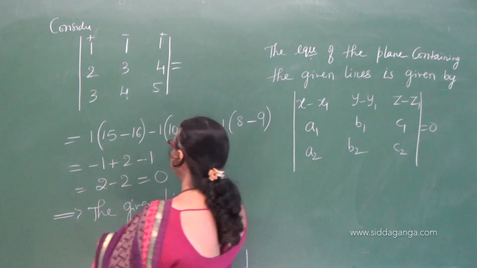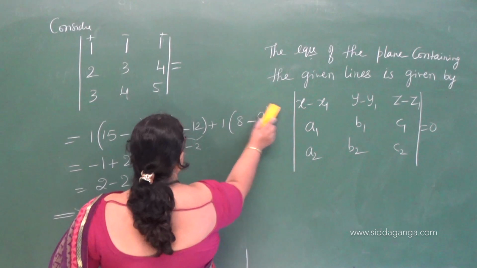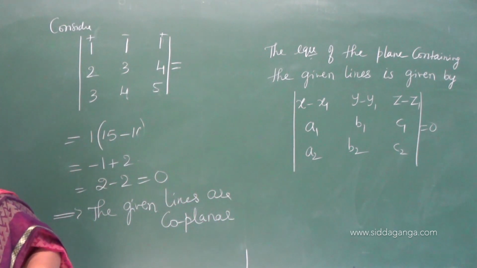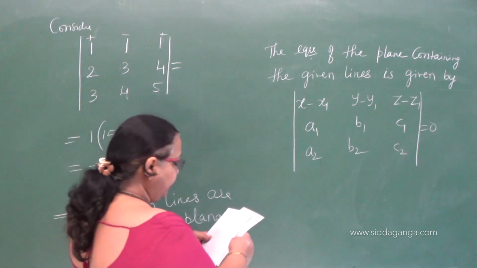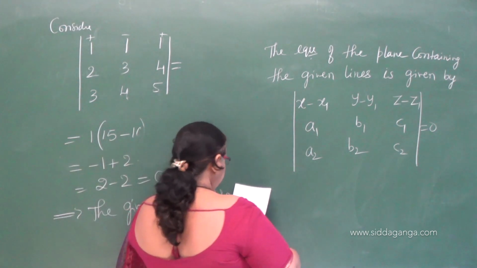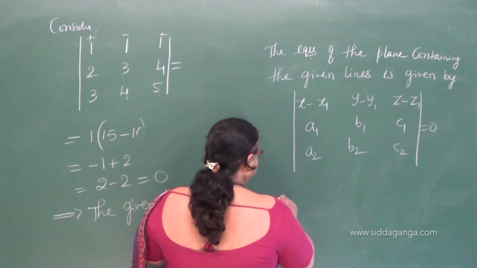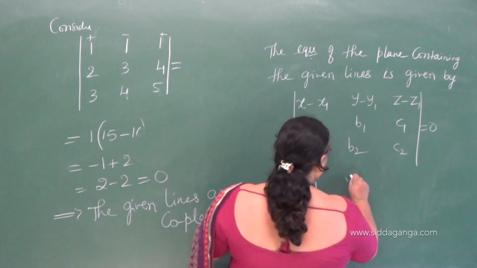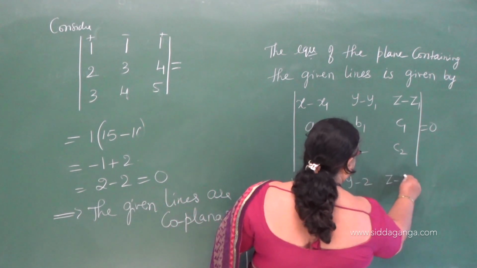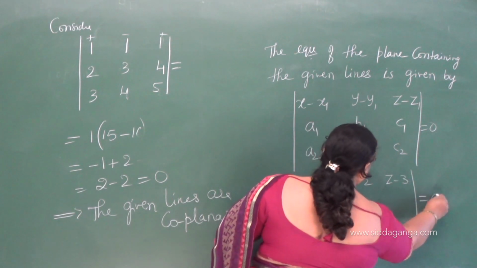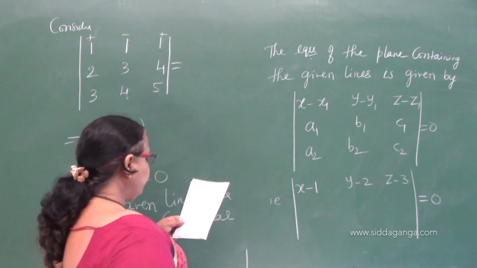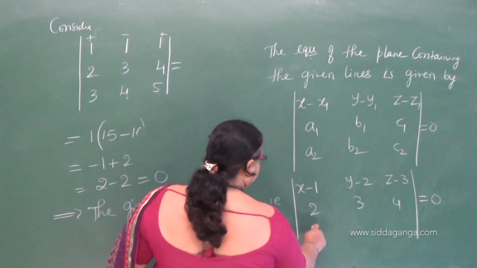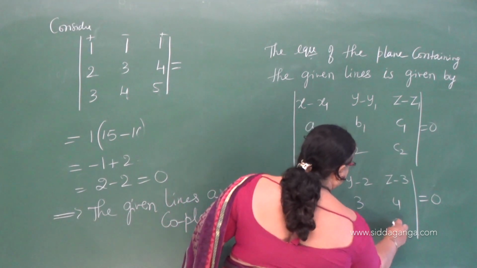Here x1, y1, z1 is the determinant x minus 1, y minus 2, z minus 3, equal to 0, then 2 3 4, and 3 4 5.